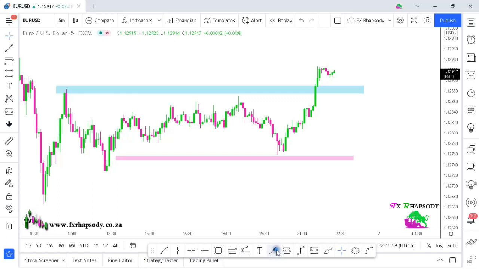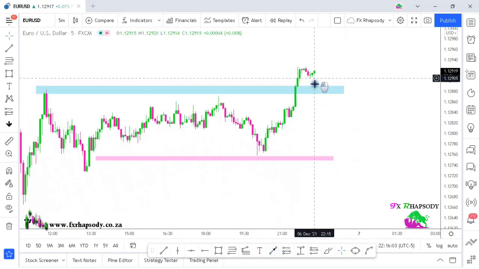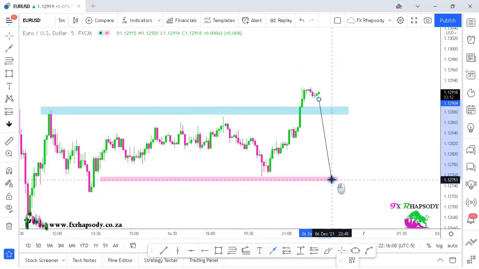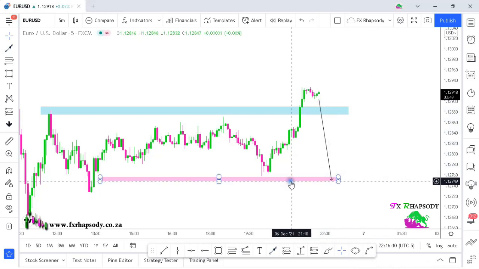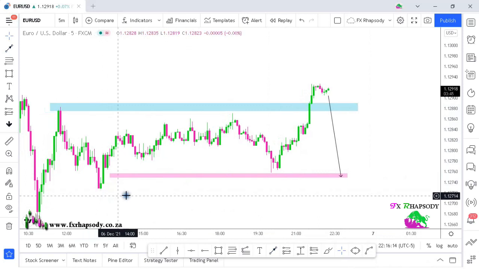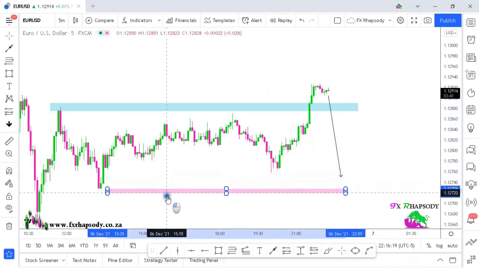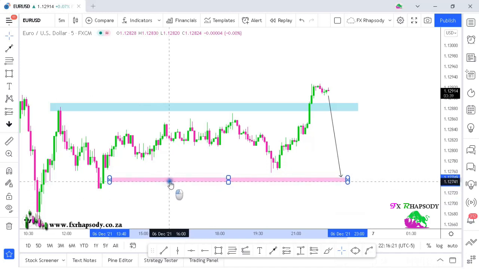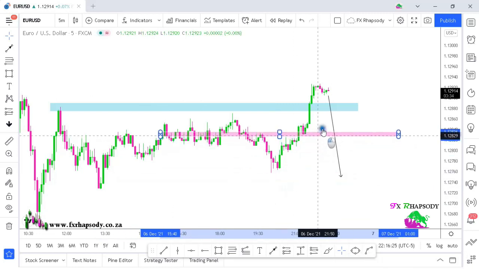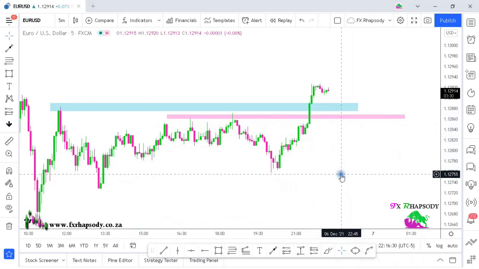If price comes down and it hits your stop loss, then you still make a profit on your trade because now you're risk free. As soon as your stop loss goes above your entry, which is around about there, now you're risk free. Don't put your stop loss over there. Okay, don't do that. A lot of guys make that mistake.